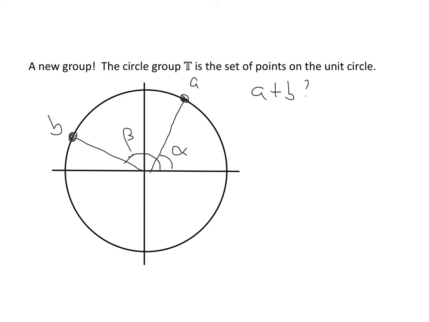And we're going to add alpha and beta together to get the next angle for the sum of A and B. Let's see if I can do this well. So I think that would be what we would consider A plus B, approximately. Let me make this a little bigger here. So that would be alpha plus beta.